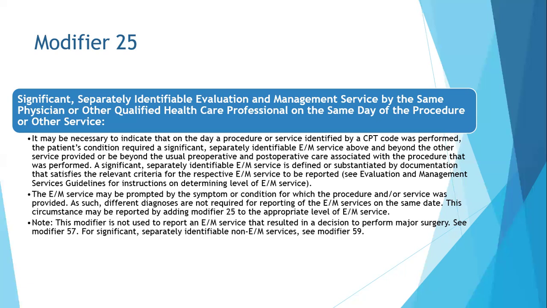And I'm like, well, that's not documented that you did anything above and beyond what the patient was coming in for. So my question is, is sports medicine always like that? How do we get them to see that there has to be something separately identifiable that they can justify to report that modifier 25 on an E&M?